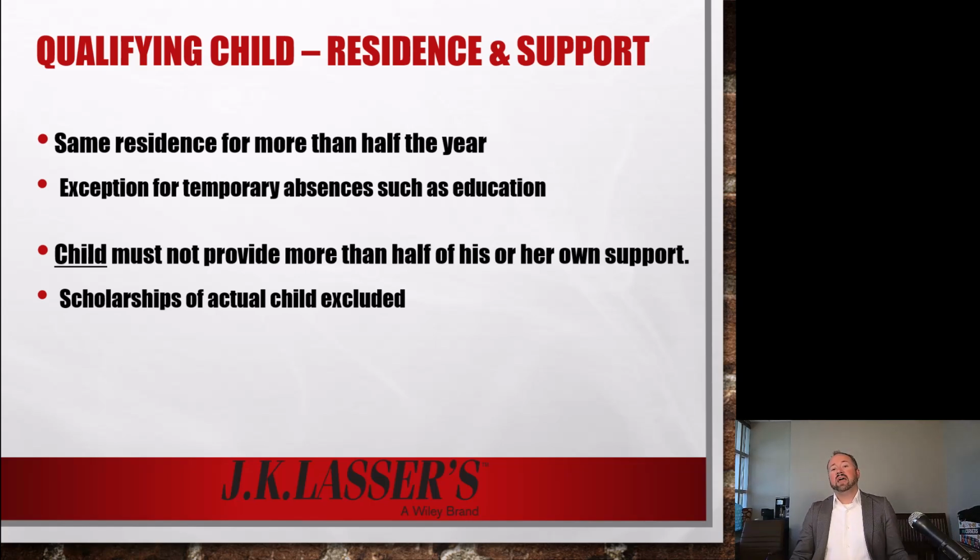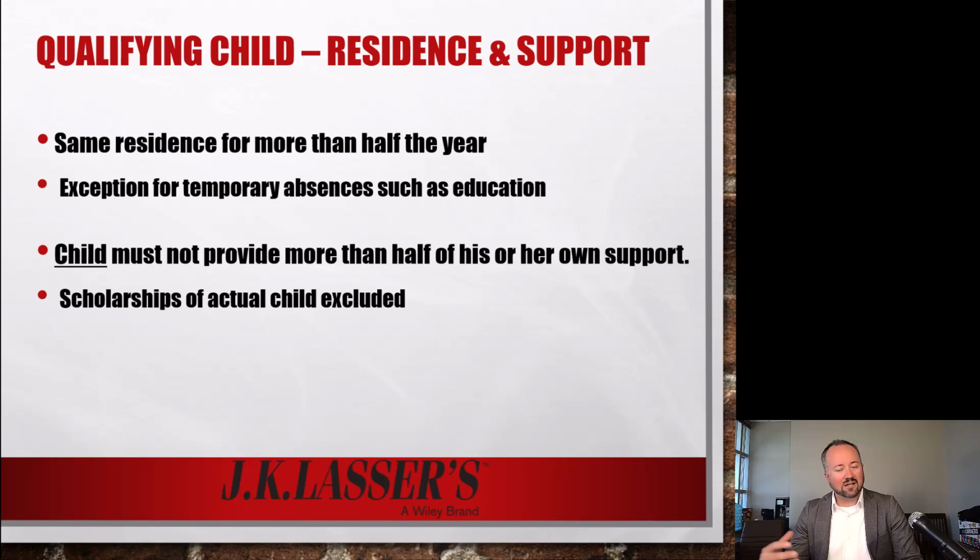Then finally, we have the support test. And the support test looks at it from the perspective of the child. And we have to ask the question, does the child provide more than half of his or her own support? So what exactly is support? Well, scholarships are excluded from support computation only if it is the actual child of the taxpayer.